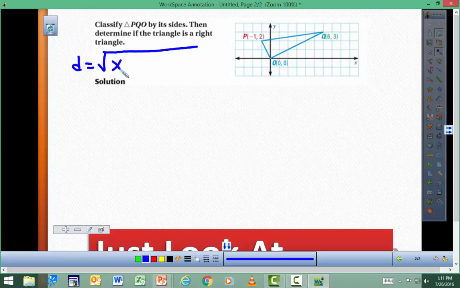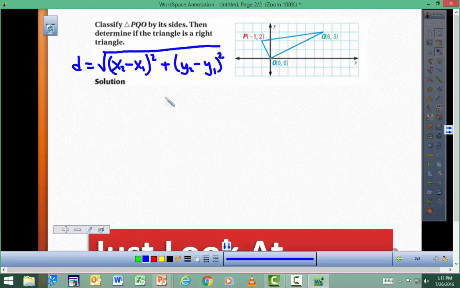It's x2 minus x1, and then you take that quantity, square it, and you add that to y2 minus y1, and you take that quantity and square it. And it really doesn't matter which point is the first one and which one's the second one.